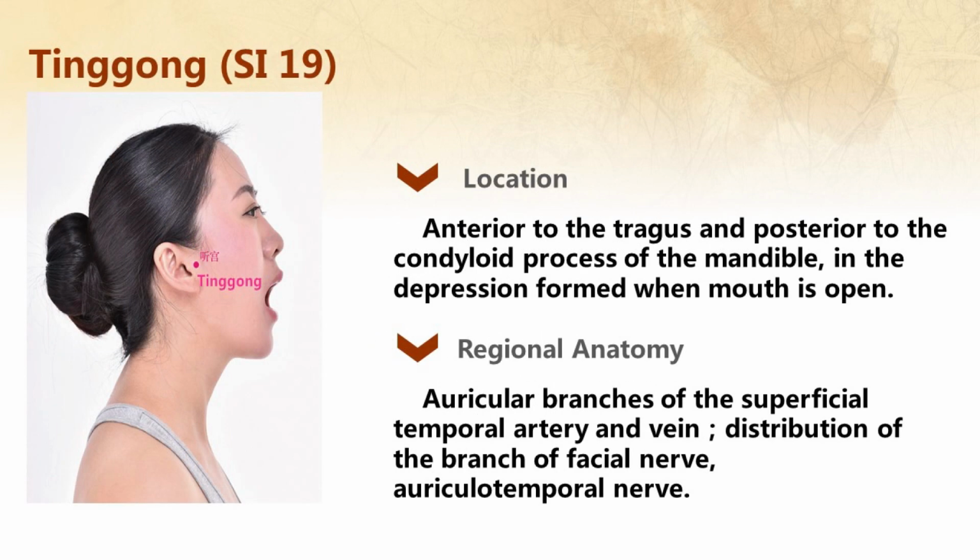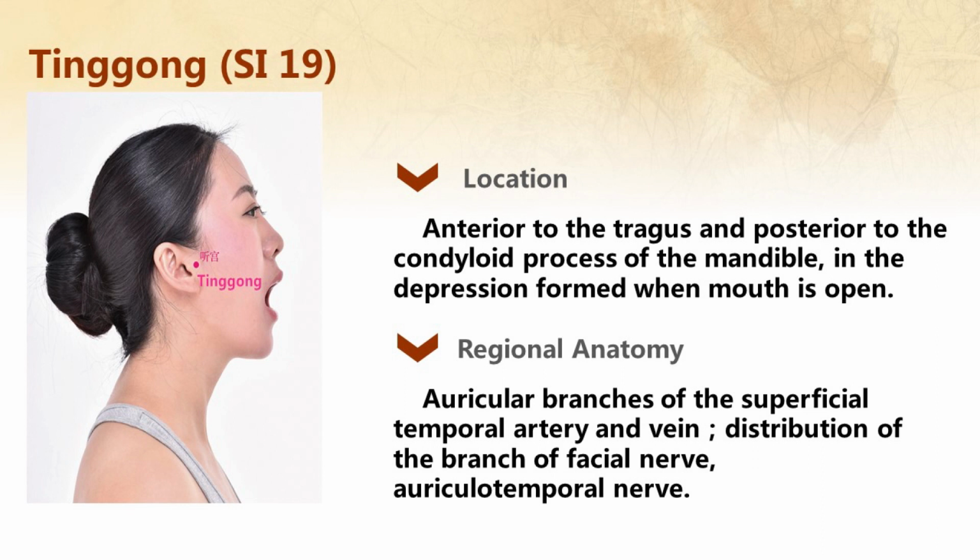The sixth point is 听宫. The acupoint is located anterior to the tragus and posterior to the condyloid process of the mandible, in the depression formed when the mouth is open.